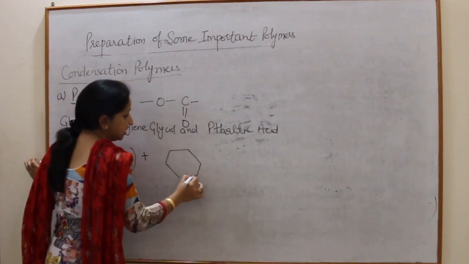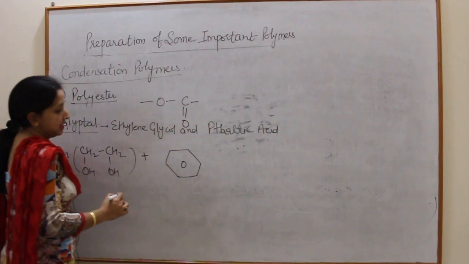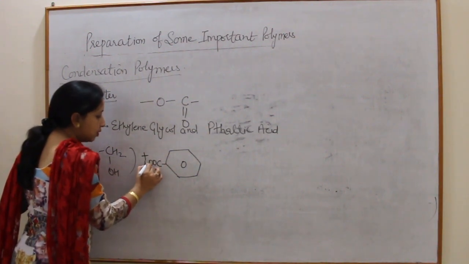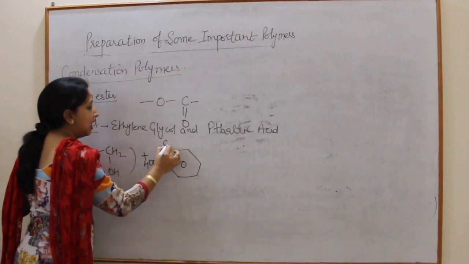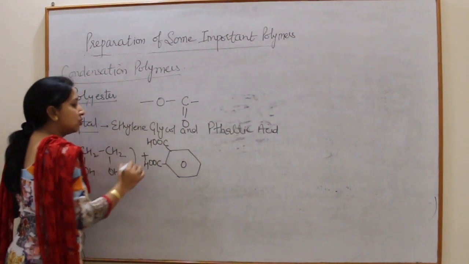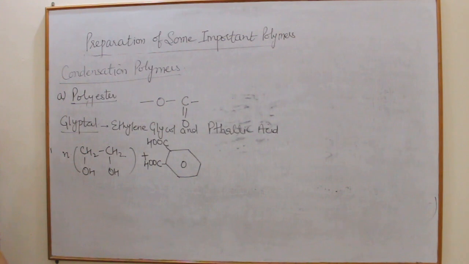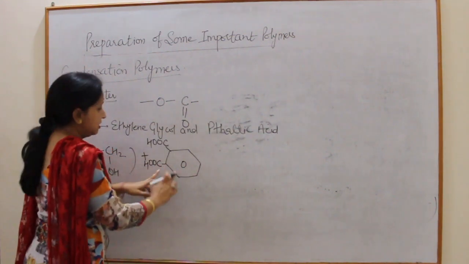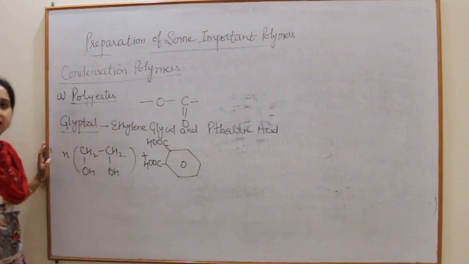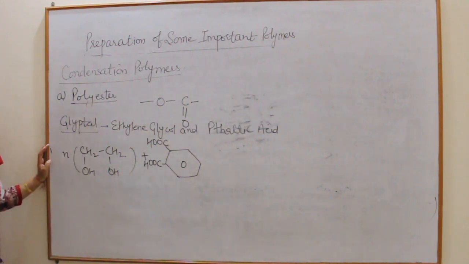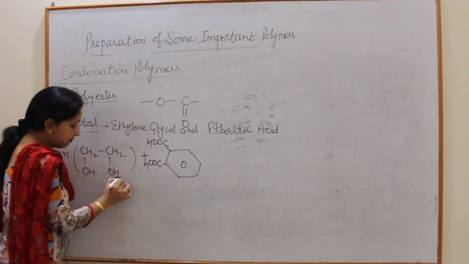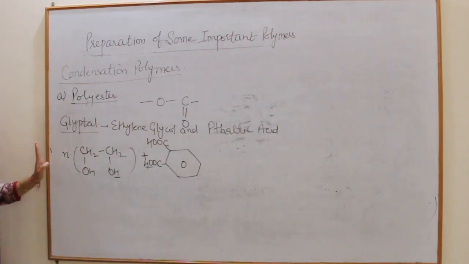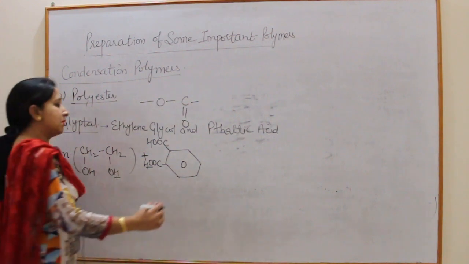The basic difference between terephthalic acid and phthalic acid is that in this case both carboxylic groups are ortho to each other. In terephthalic acid they were para to each other, but in phthalic acid they are ortho to each other. Again same method, H from here and OH from here will be lost as a water molecule.